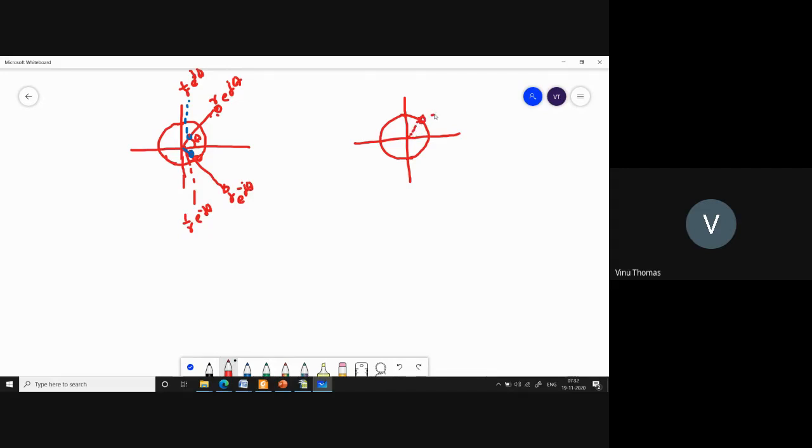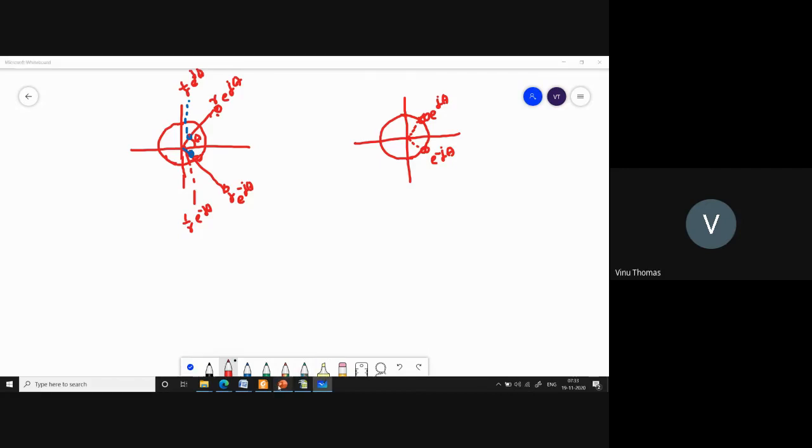Since it lies on the unit circle, I can mark this as e raised to j theta. And now this is e raised to minus j theta, which is its conjugate. Now e raised to j theta, its reciprocal also will exist as a zero. So which means I have a second zero at e raised to minus j theta. And e raised to minus j theta has a reciprocal as e raised to j theta. So there will be a double zero at this position as well. So there are two zeros at e raised to j theta and there are two zeros at e raised to minus j theta. Okay, is it understood?